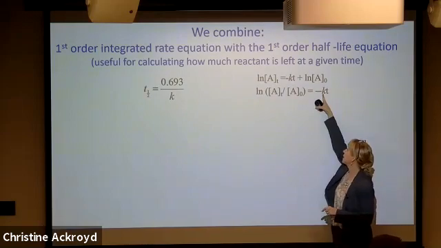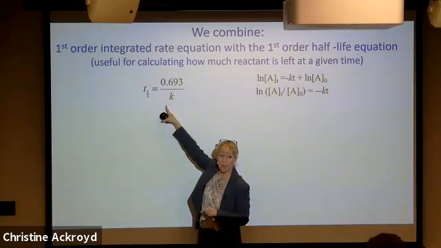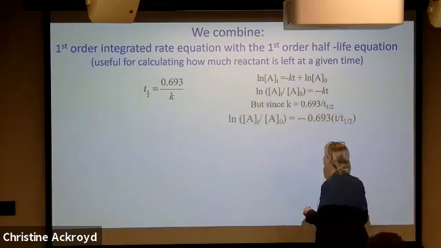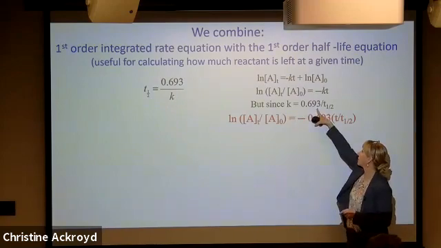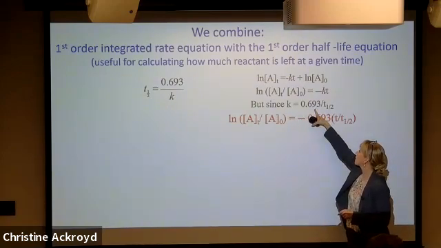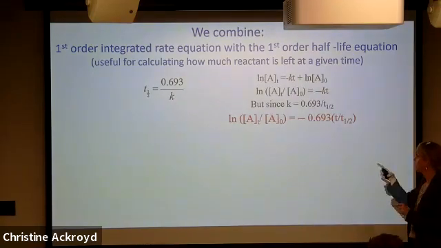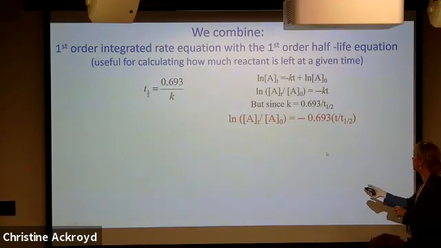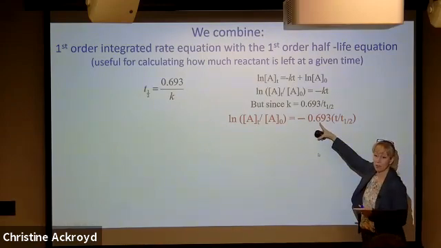Can I replace k with the redefinition of k according to half-life that comes from this equation? Sure. If I rearrange the half-life equation, I know that k is equal to 0.693 over the half-life. When you rearrange it, you end up with this equation.